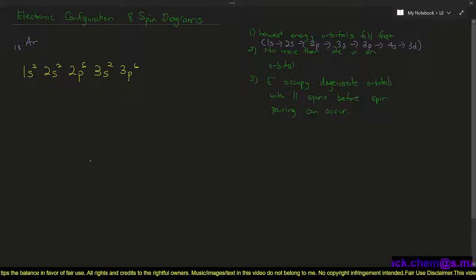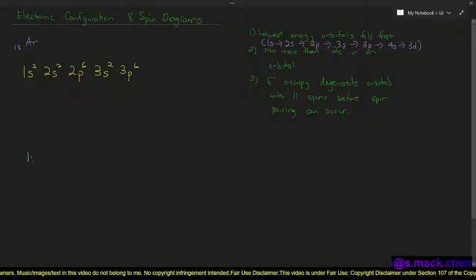So let's draw our electron in box diagram, and we're going to do so by drawing a box for each subshell, to show how the electrons fill in.